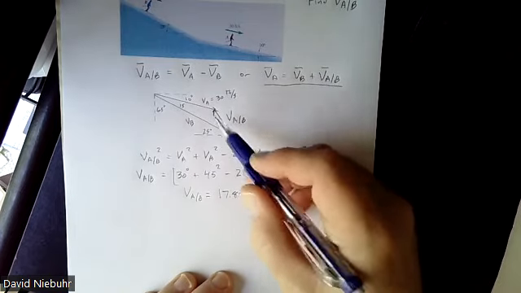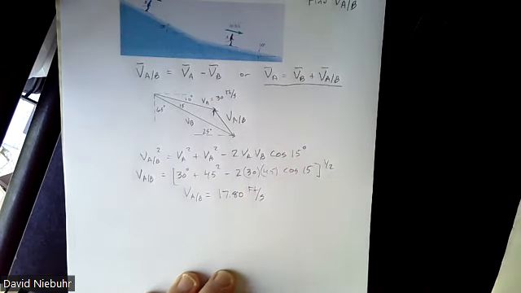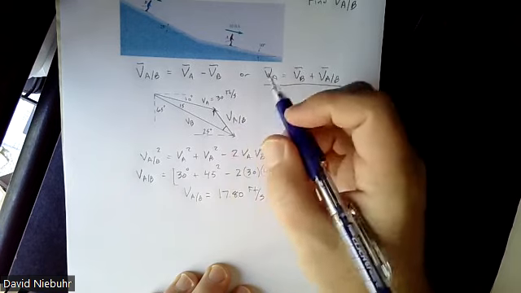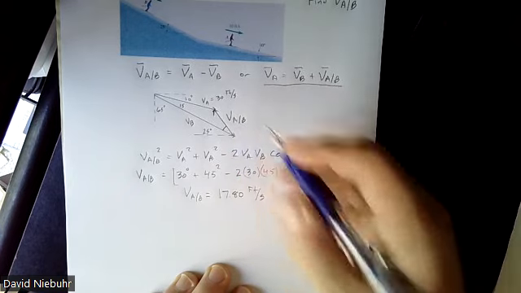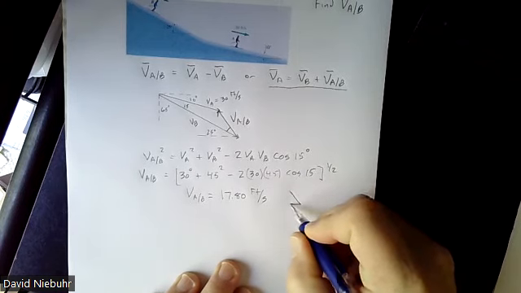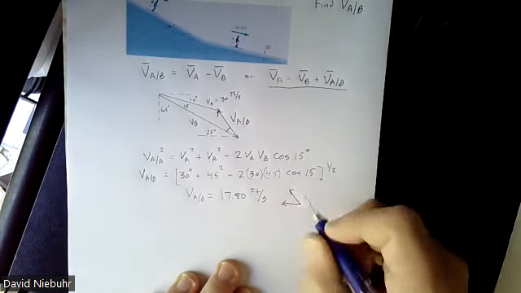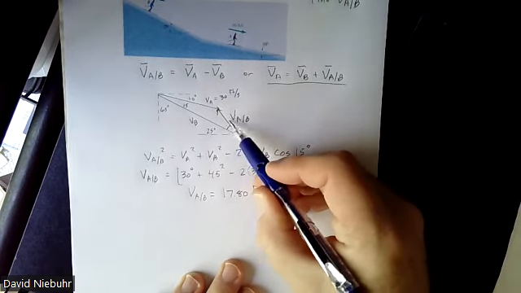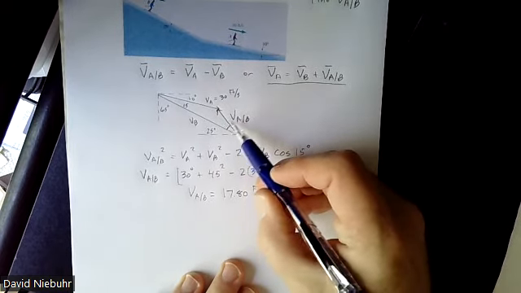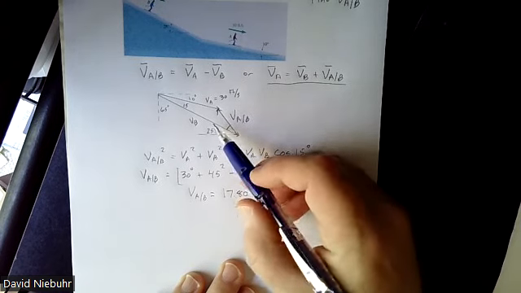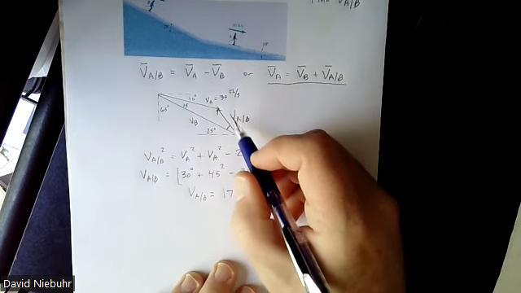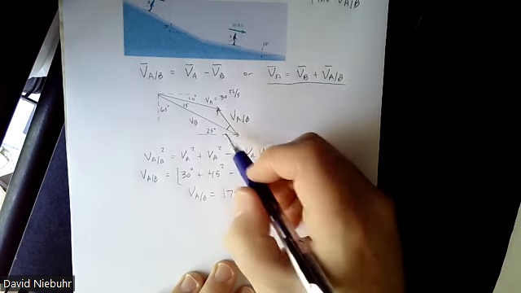Now, we need to figure out the direction. We see the direction here, but we want to know what the actual angle is. In order to do that, we're going to need to find out what this angle is here, because then we can draw a symbol for the angle, and this will be 25 plus whatever that is. So we know that VB, we know that the angle opposite of this is VA.